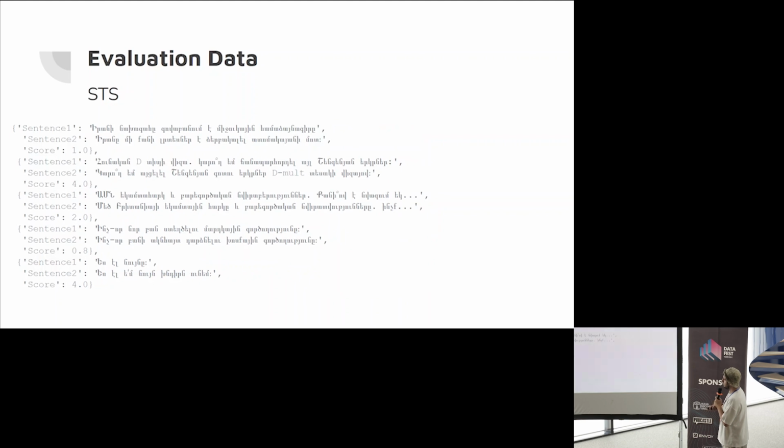Then we also translated the MTEB STS dataset, where we have 2 sentences and also a score of how similar these 2 sentences are, from 0 up to 5 in continuous numbers.